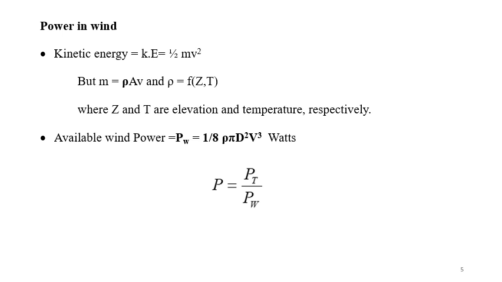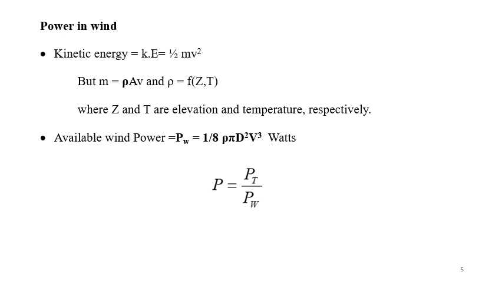Here m is the mass of air traversing the area A swept by the rotating blades of a windmill, which may be any type of generator. Substituting the value of the mass in the expression for the kinetic energy, we obtain K equal to half into rho A v into v square, which is equal to half rho A v cube watts.